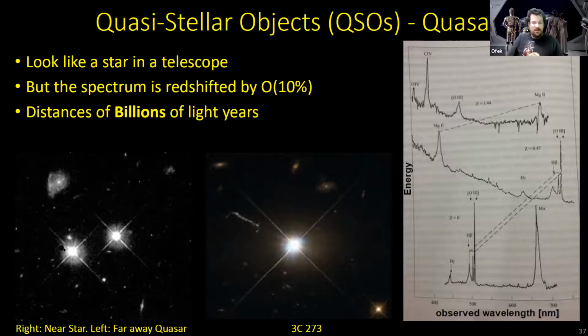Just on its left is something that looks like a star, and so was called a quasi-star, quasi-stellar object, or quasar. But in a visible telescope, it looks just like a star.